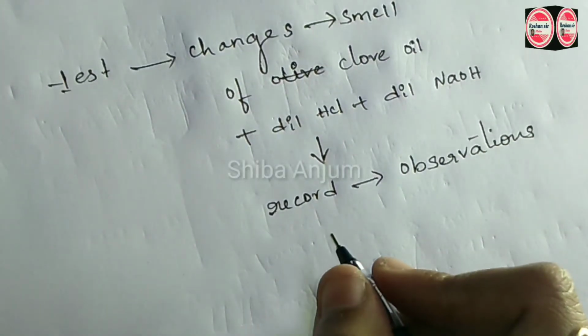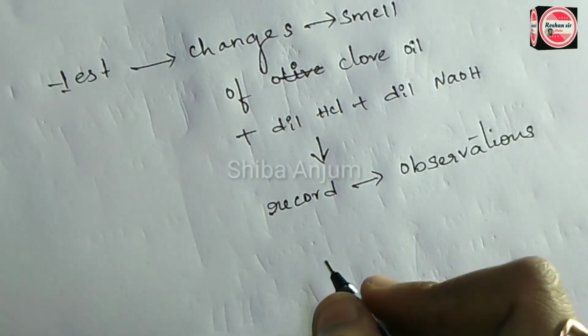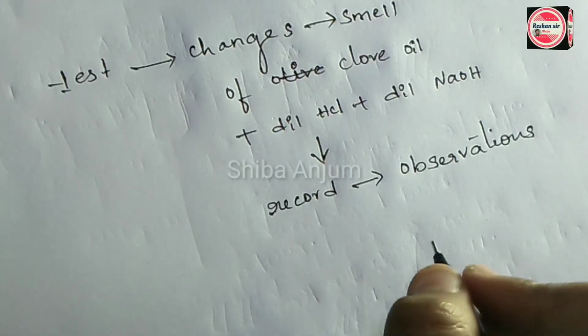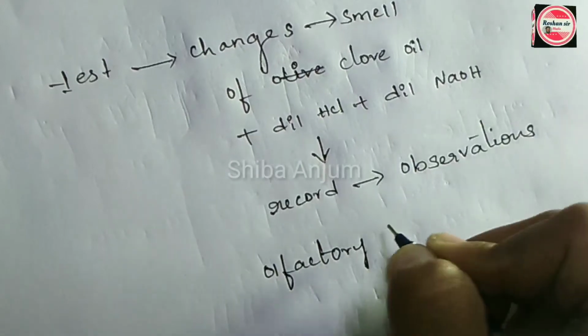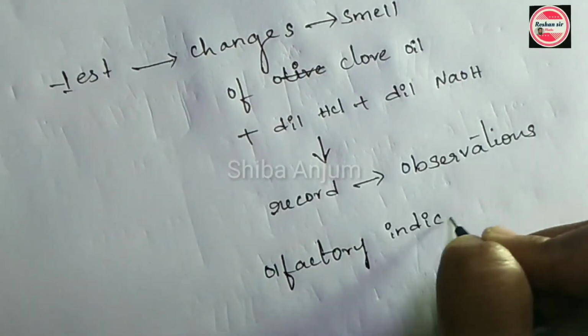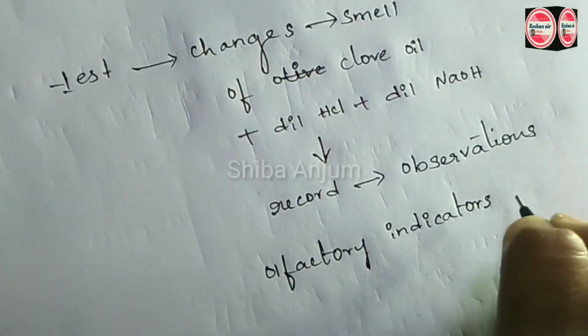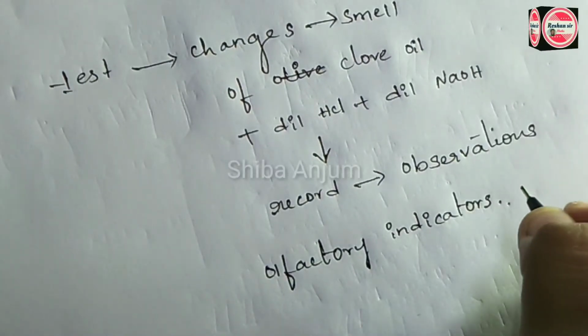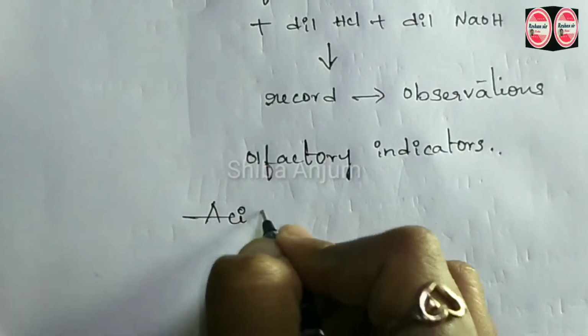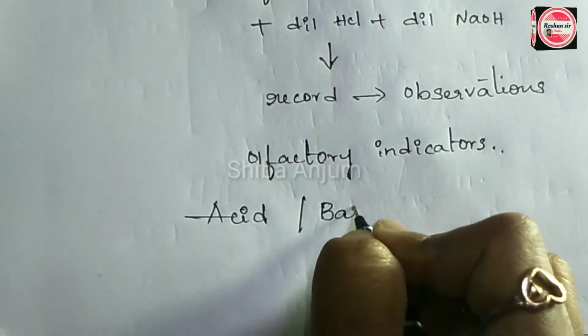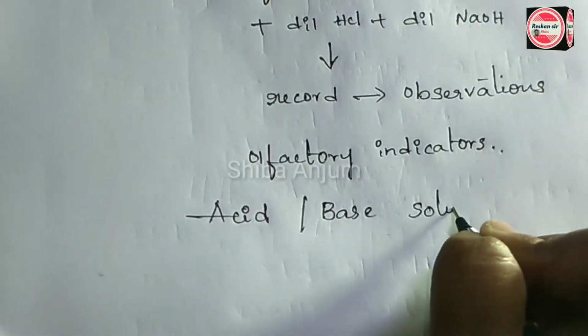Which of these, vanilla, onion and clove, can be used as olfactory indicators? How can we tell how strong acid or base solutions are?